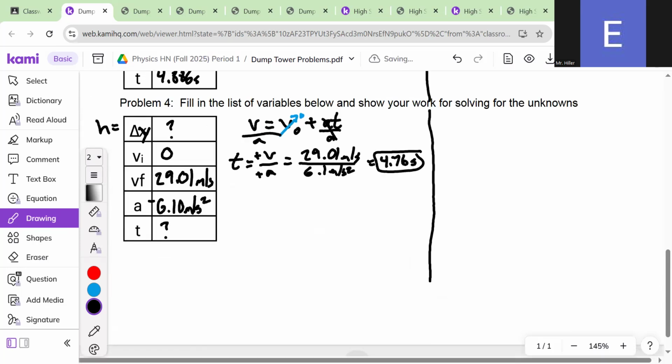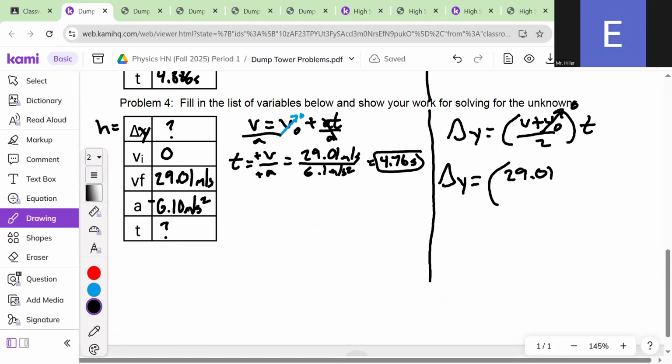All right, now I've got to find my height. I'm going to try and find height a slightly different way. I'm going to use equation number 11, my displacement equals (v plus v naught) over 2 times t. v naught was 0, so my displacement is going to be my final speed, 29.01, over 2 times 4.76.